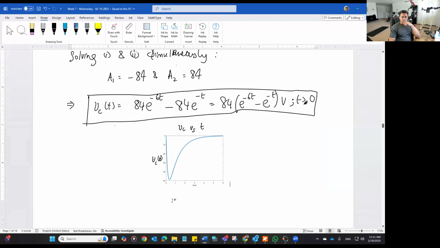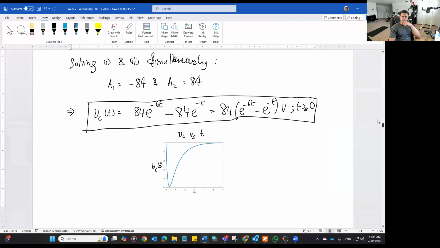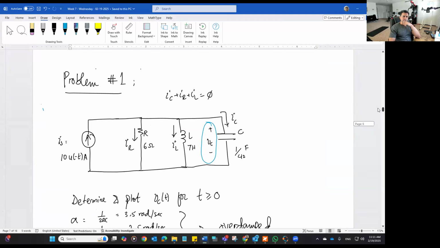As you can see, the voltage started at 0 as we expected. Then the voltage starts going down, that is, it starts charging in the opposite direction. Why? Because the inductor current didn't go down to 0.